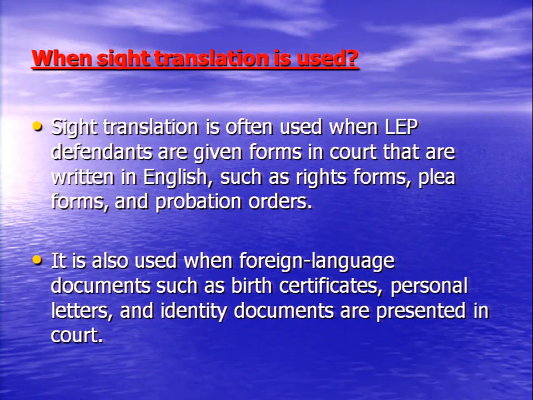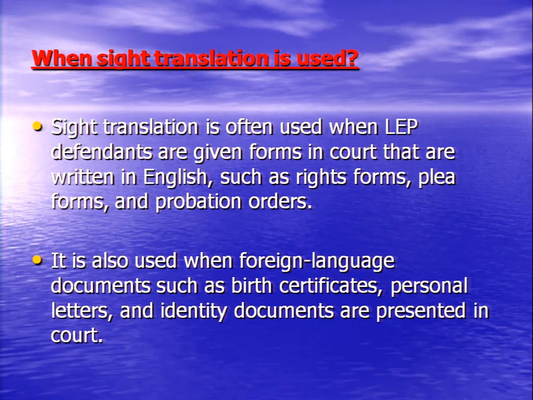When do we use sight translation? We talked about that. We use it often when the defendants are given forms in the court: plea forms, constitutional rights forms, any other forms, such as probation orders as well. Complaints, correct, yeah. That's one of them.